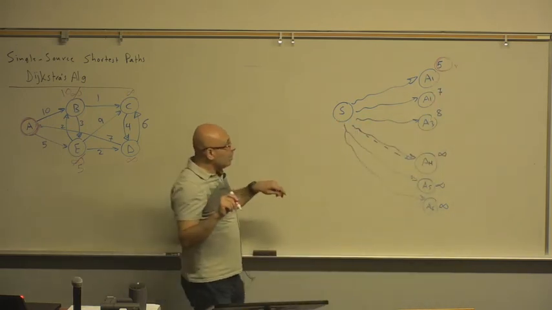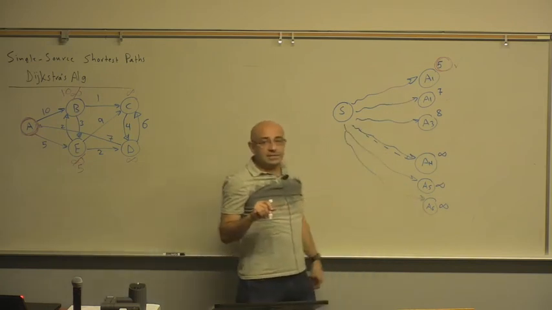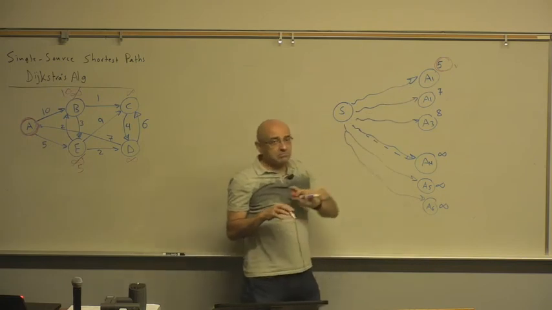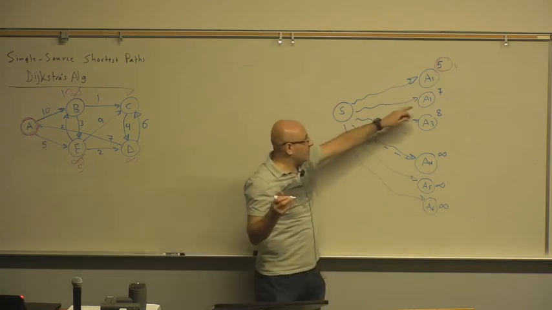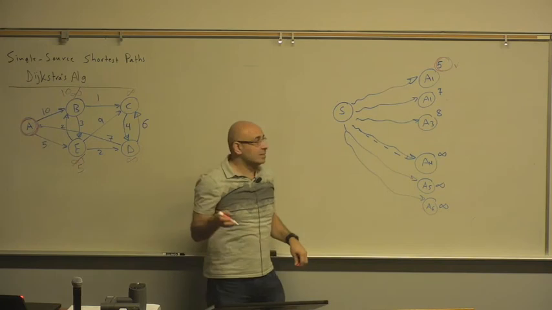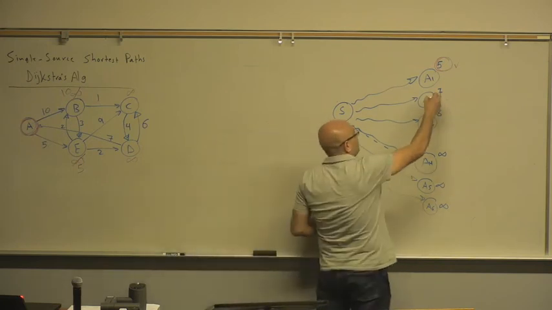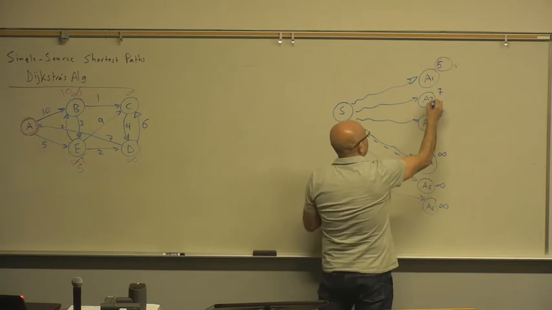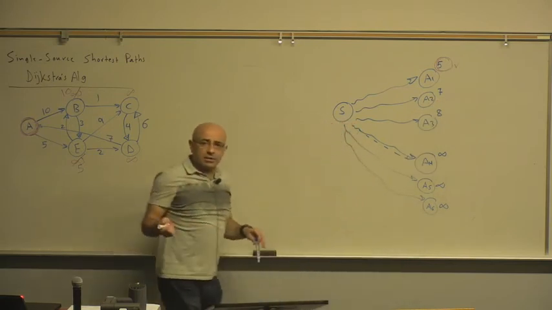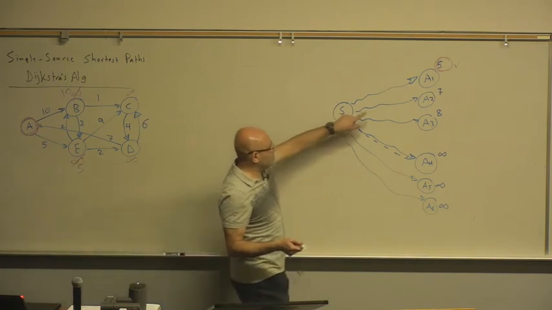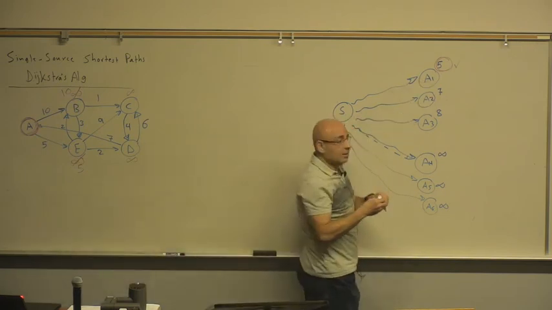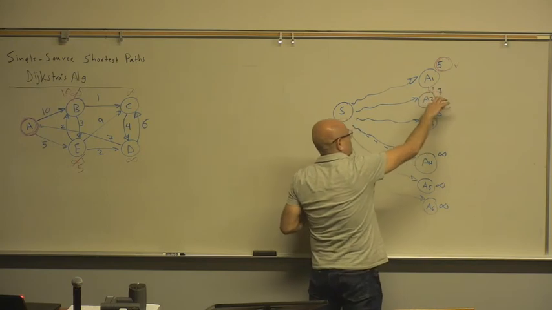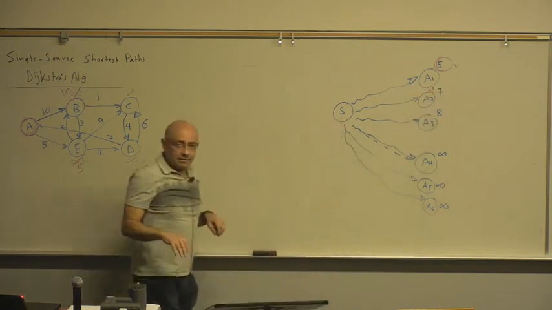But for all other vertices that have distances greater than the minimum, I'm not sure if this is the minimum or not, because I may later on discover a path from S to A2 that goes through A1, and it has a weight of 1. Then this is 6, and 6 beats 7.